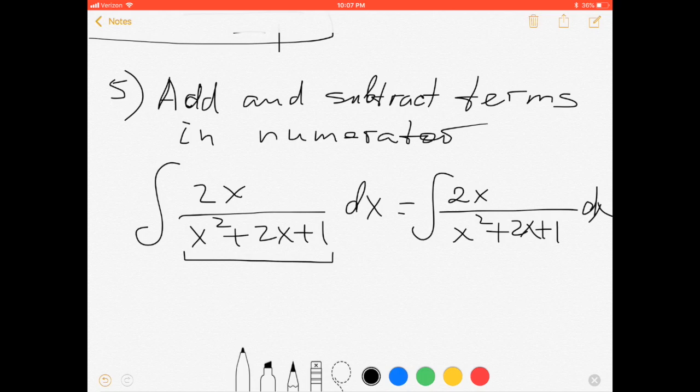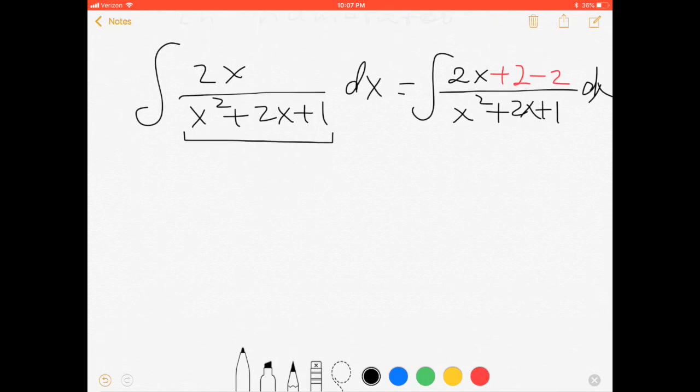But here I add 2 and subtract 2. And now I can rewrite it as 2 integrals.